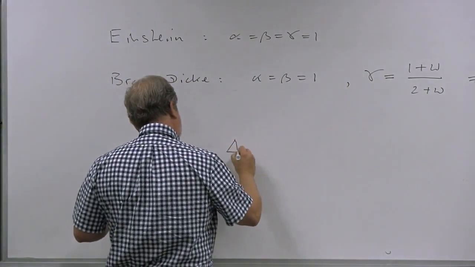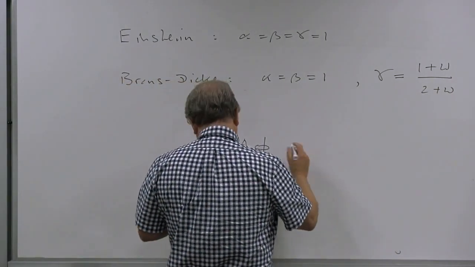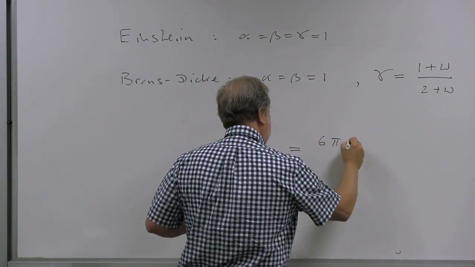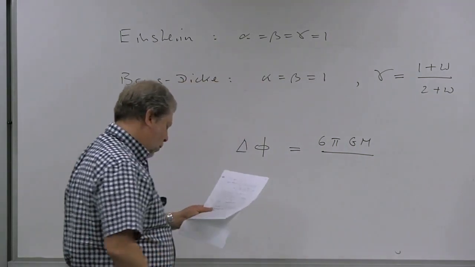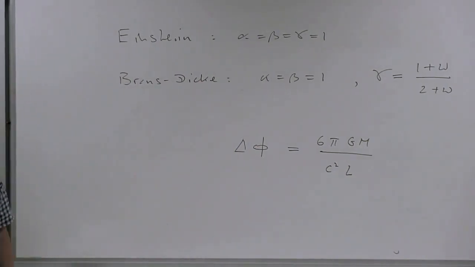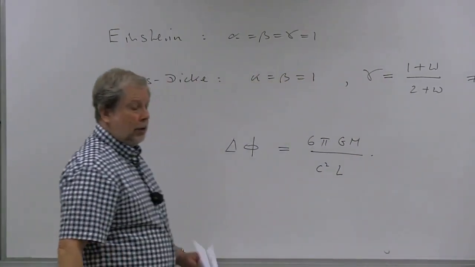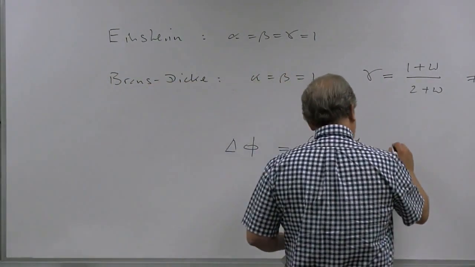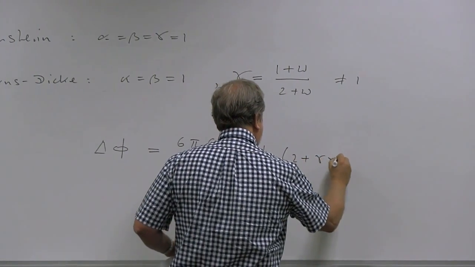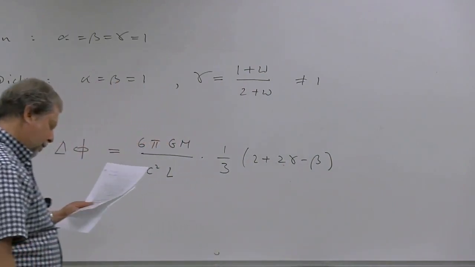Then the precession of the perihelion of Mercury, the angle per orbit, is 6 pi, the Einstein value, which is 6 pi GM divided by c squared L. L was equal to the semi-major axis times 1 minus the eccentricity parameter, and then times some function that depends on alpha, beta, and gamma, and that function is 1 over 3 times (2 plus 2 gamma minus beta).